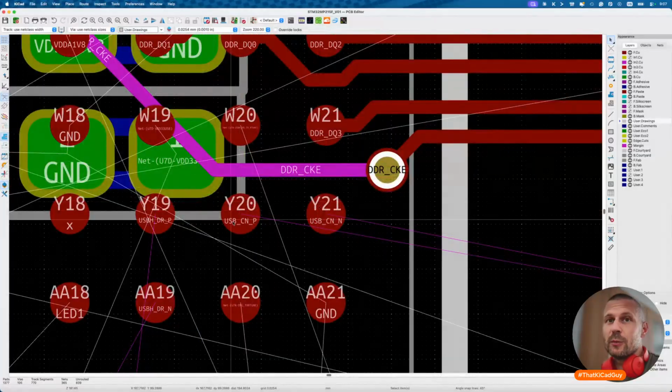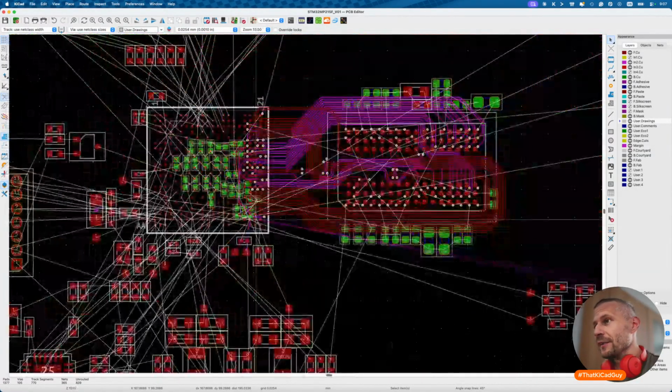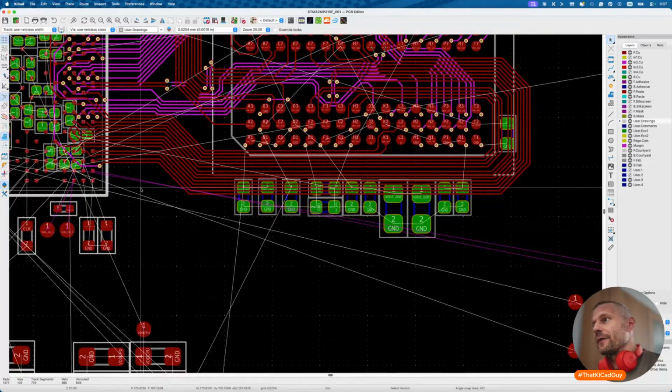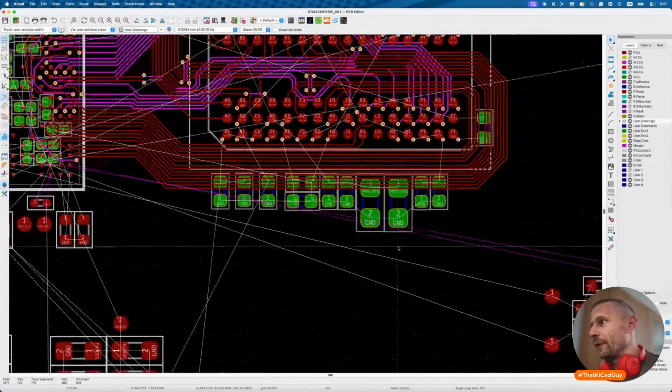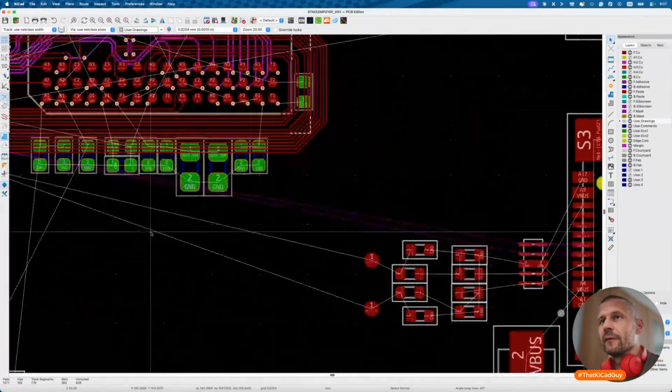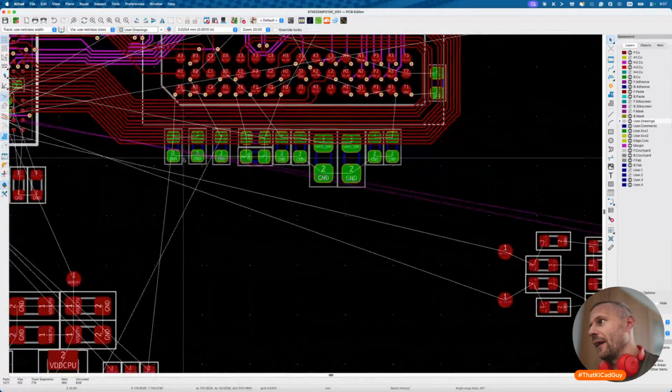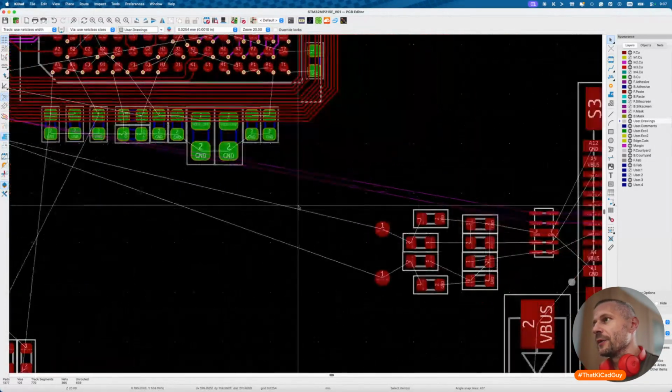For instance, the USB lines. You can see that the USB lines, the magenta air wires, are coming from the bottom right corner pads to this USB Type-C connector.